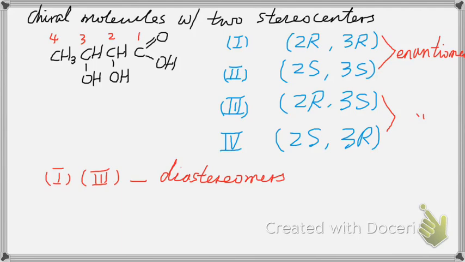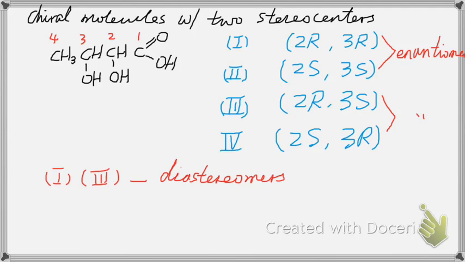Diastereomers are stereoisomers that are not related as an object and its mirror image. They are stereoisomers for sure. They have the same formula, they have the same constitution. It's just the arrangement of the substituents in space that is different.